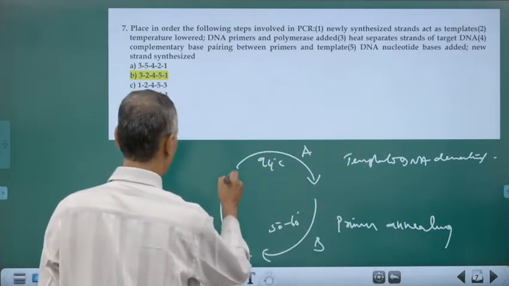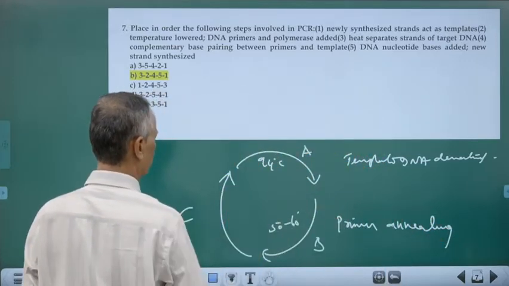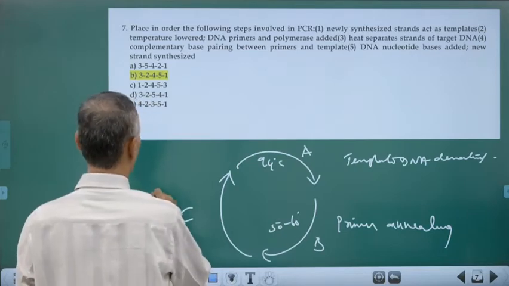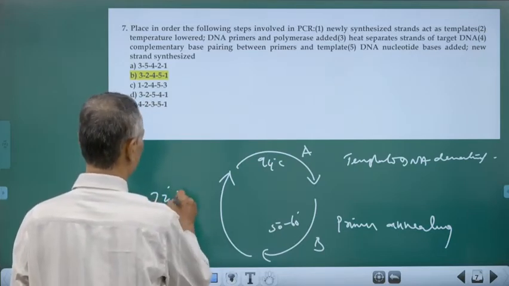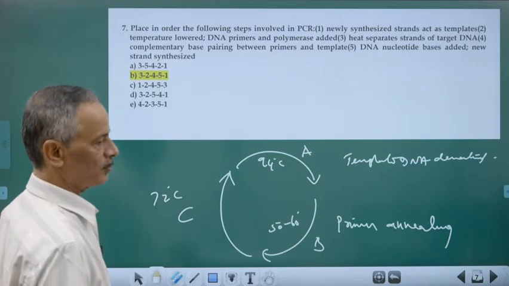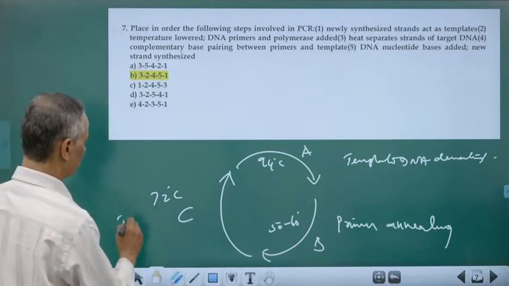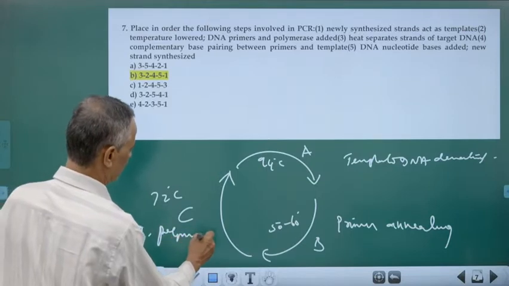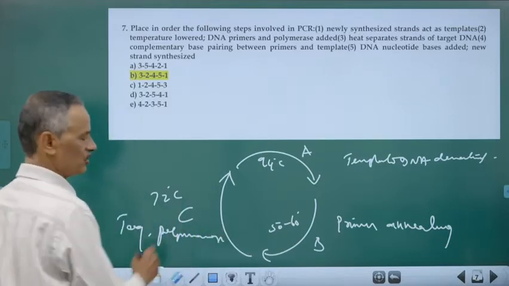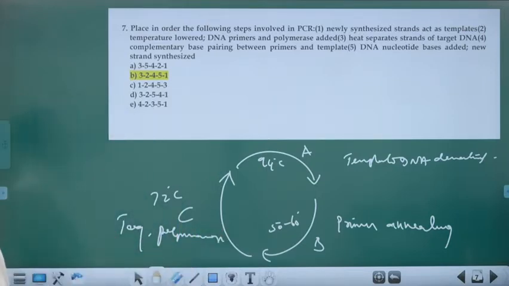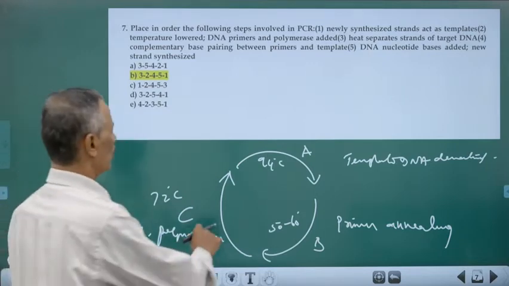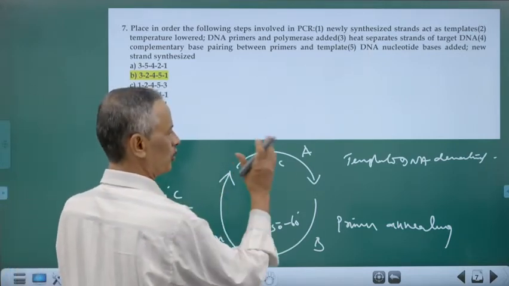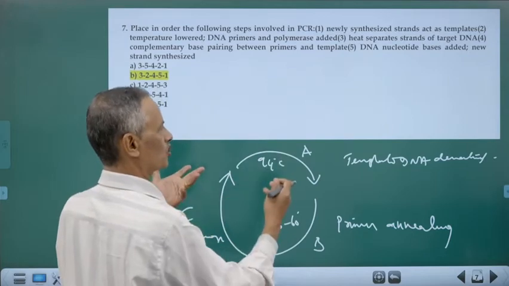And the third and the last stage, the temperature is raised to 72 degrees Celsius. At this temperature, Taq polymerase starts functioning and polymerization starts, chain elongation. Okay, so by that time, 1 becomes 2 chains, 2 become 4 chains, like that.